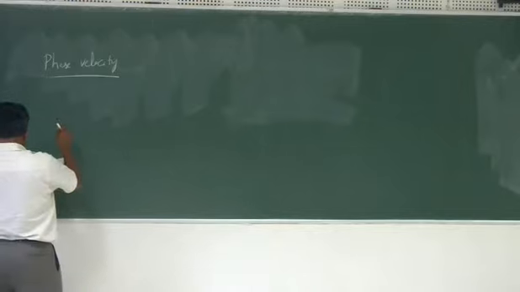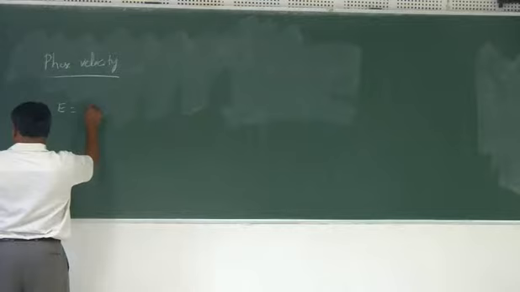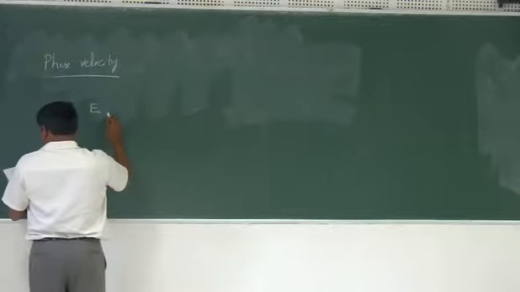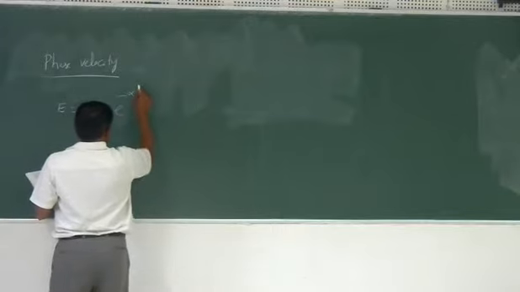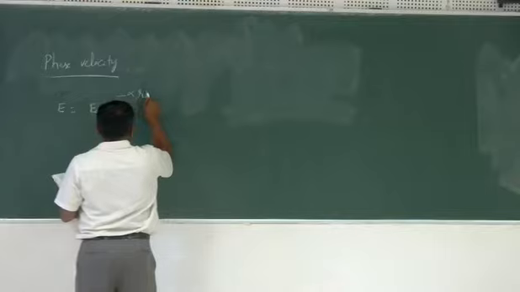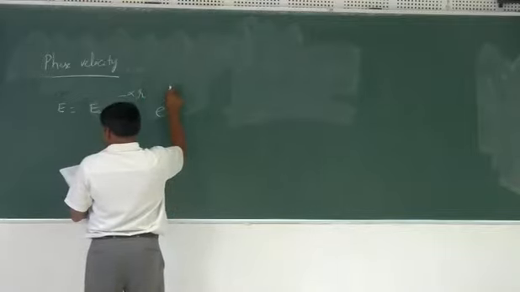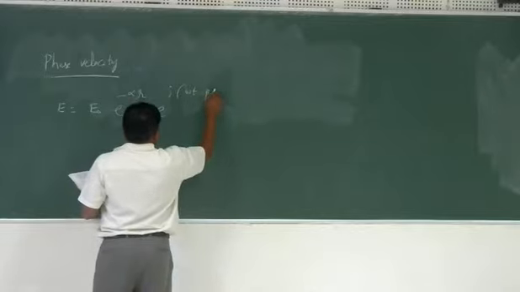Remember, electric field E is equal to E naught e to the power of minus alpha r, again e to the power of j minus beta r.